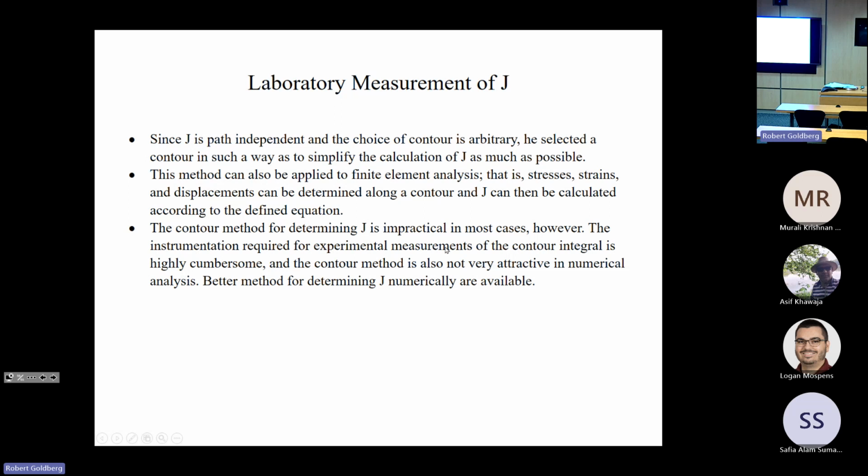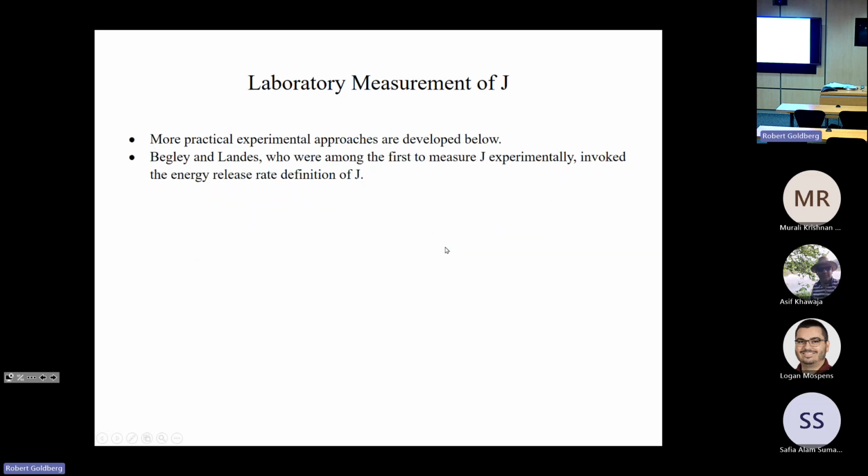With modern finite element analysis, it's better, but just to note that there are some additional methods that have been developed that I don't think we'll have a chance to get into for determining J numerically. But in any case, here are some practical experimental approaches that have been developed.